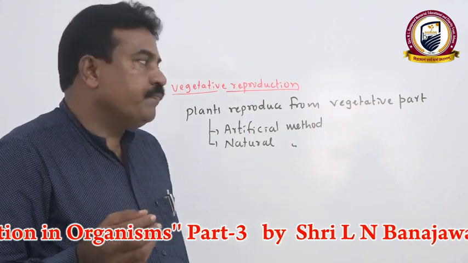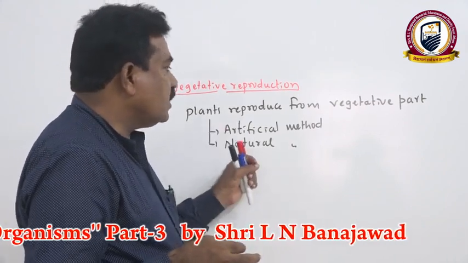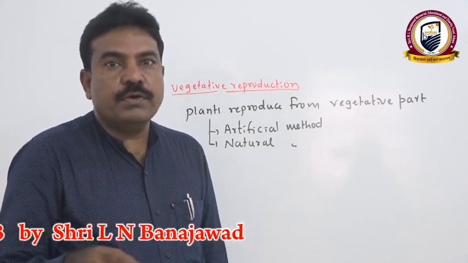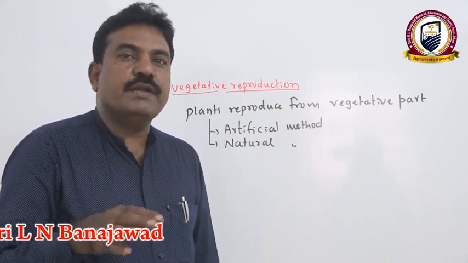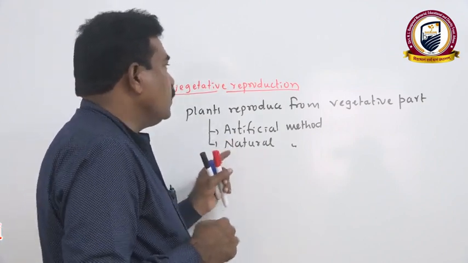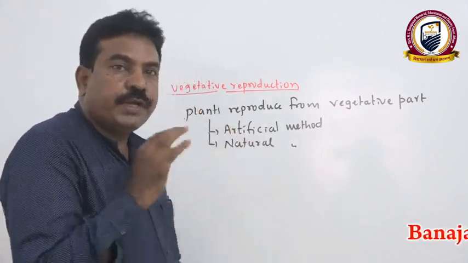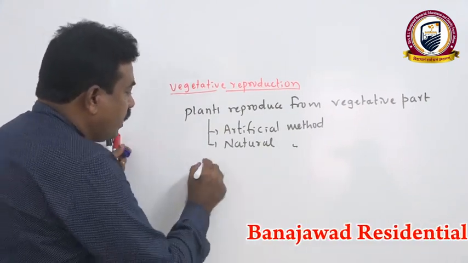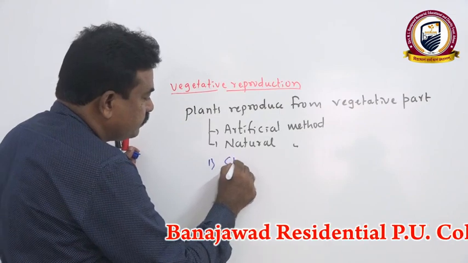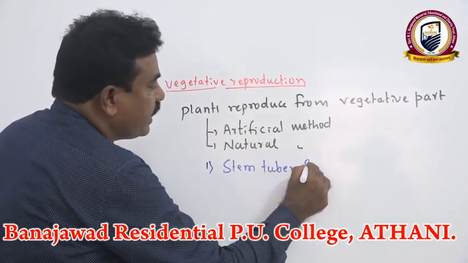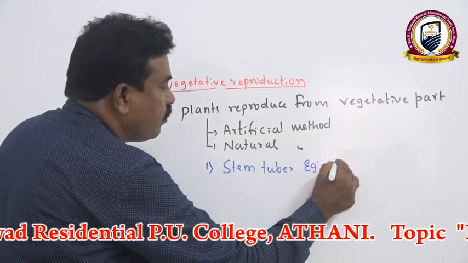At the same time, in certain horticulture plants we go for grafting, that is also a kind of vegetative reproduction. But naturally also the plants show vegetative reproduction, that includes stem tuber, an underground stem modification we see in potato.